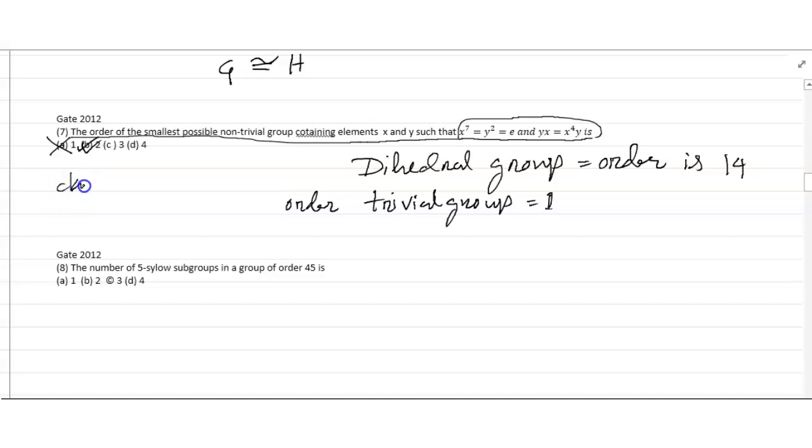We know the class equation of the dihedral group, and you will see that this is the order 2. If you can't understand this logic, I think you should watch my dihedral group video.